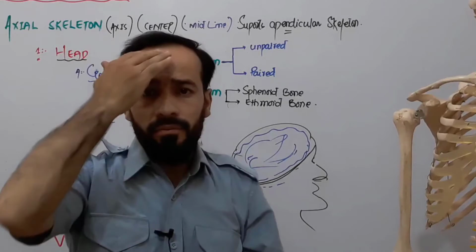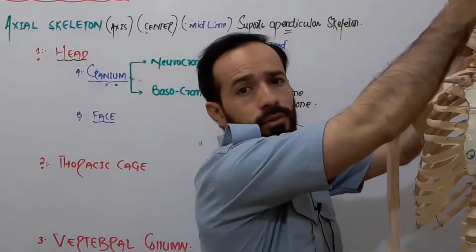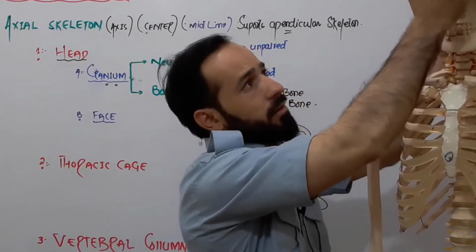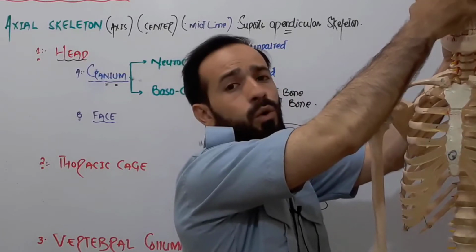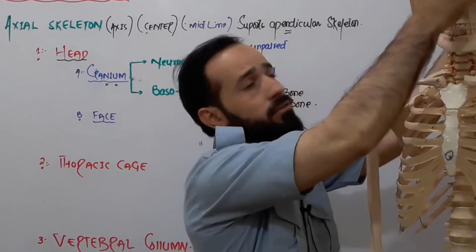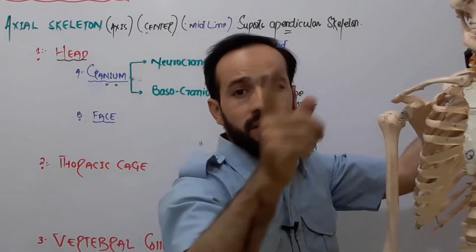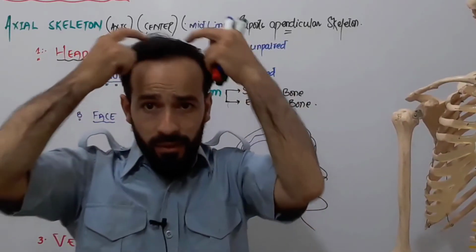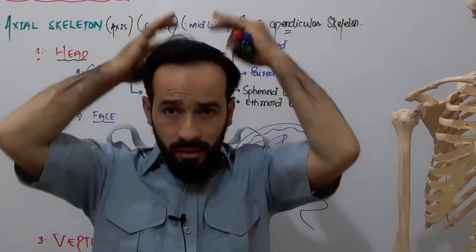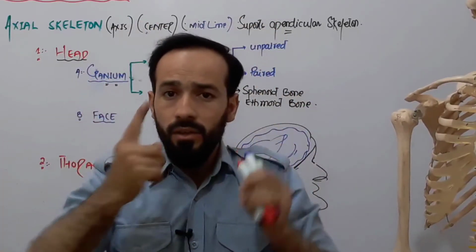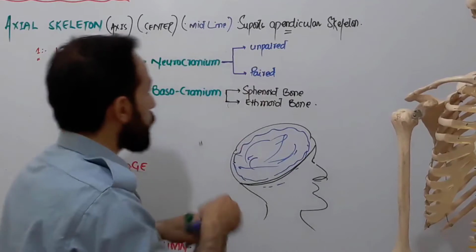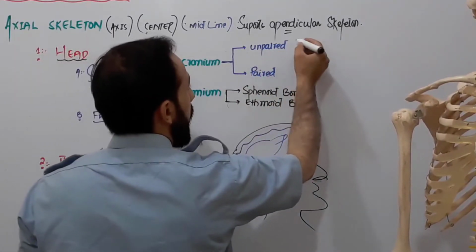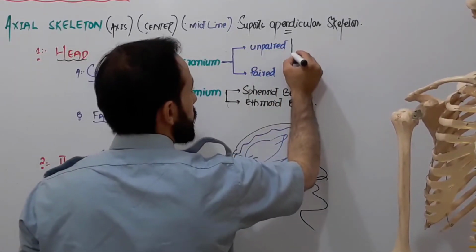For example, I'm talking about this bone, right? If you can see in the camera, there is no other bone like this one. So this is your frontal bone, and the frontal bone is present only in the frontal region of your cranium. There is no other frontal bone, so the frontal bone is only one. So we say frontal bone is an unpaired bone, right?